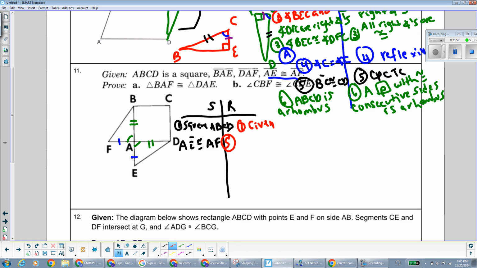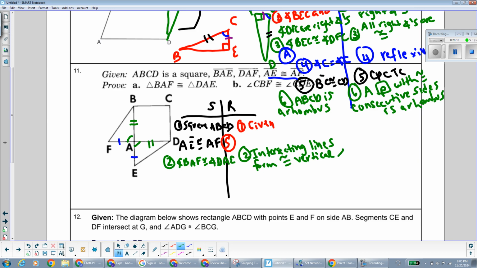For side angle side, that's one of our sides. And then we have the vertical angles. Angle BAF congruent to angle DAE. Because intersecting lines form congruent vertical angles.